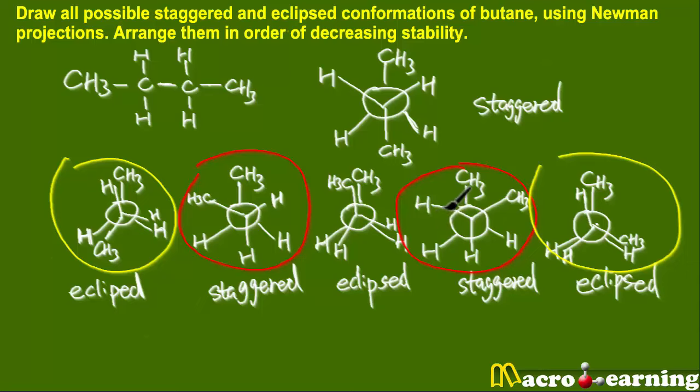So would you say your left hand is the same as your right hand? Probably not. So why are they considered the same conformation? Because they have exactly the same energy. Stability-wise or energy-wise, they are exactly the same. So they're considered exactly the same conformation.